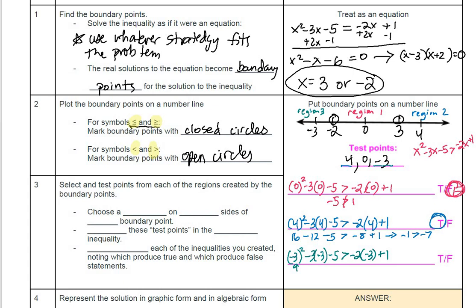That's 9 plus 9 minus 5 is greater than 6 plus 1. So that's 18 minus 5, which is 13, greater than 7. That's true. We've just figured out where the truth is going to be. This area has a bunch of truth in it, and this area has a bunch of truth in it.